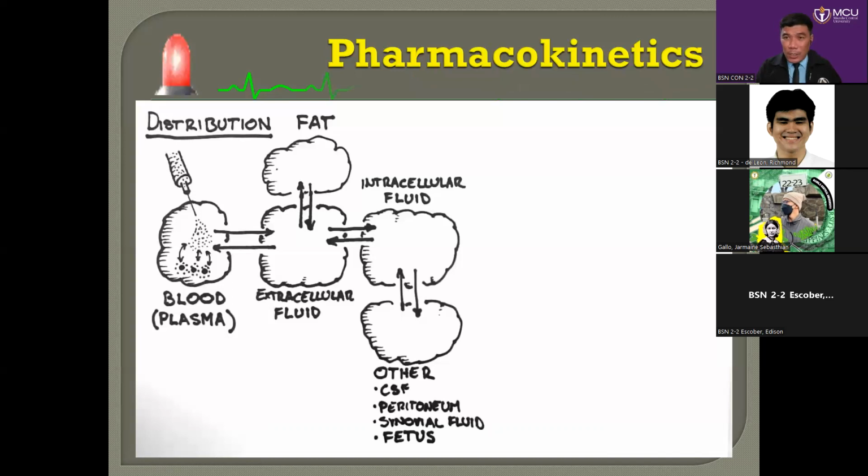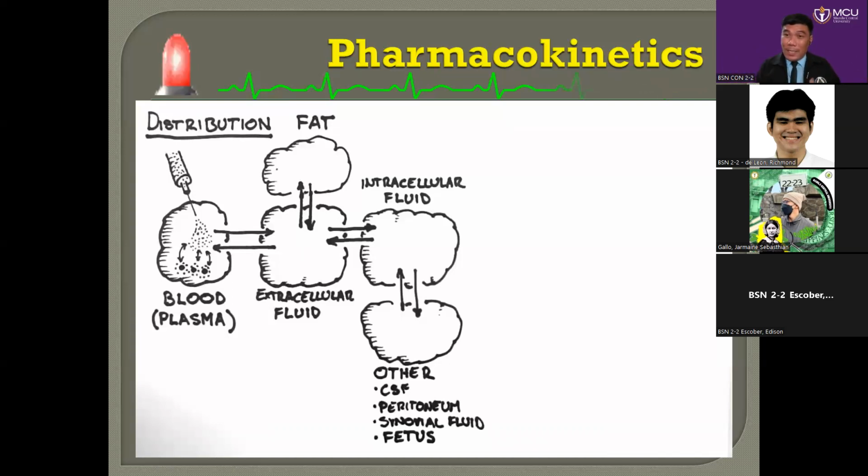In the extracellular compartment, we have electrolytes that are cations and anions. What do you mean by cation and anion? Positively charged electrolytes and negatively charged electrolytes. Since they are positively and negatively charged, they will interact with each other, then translate into nerve impulses.